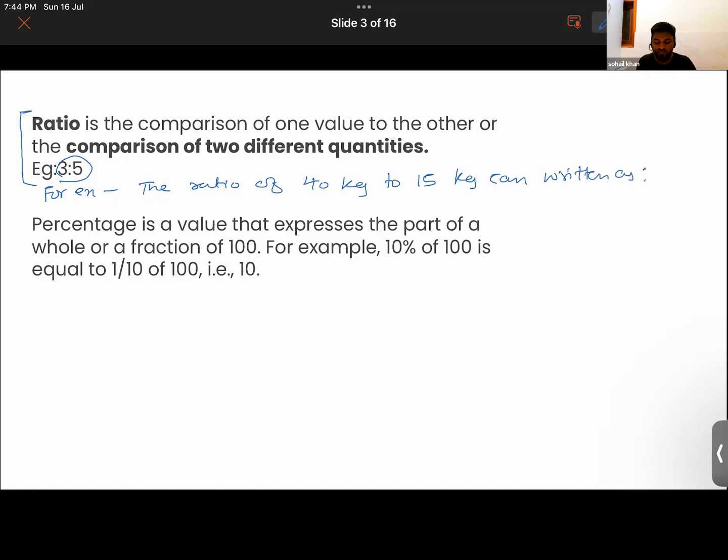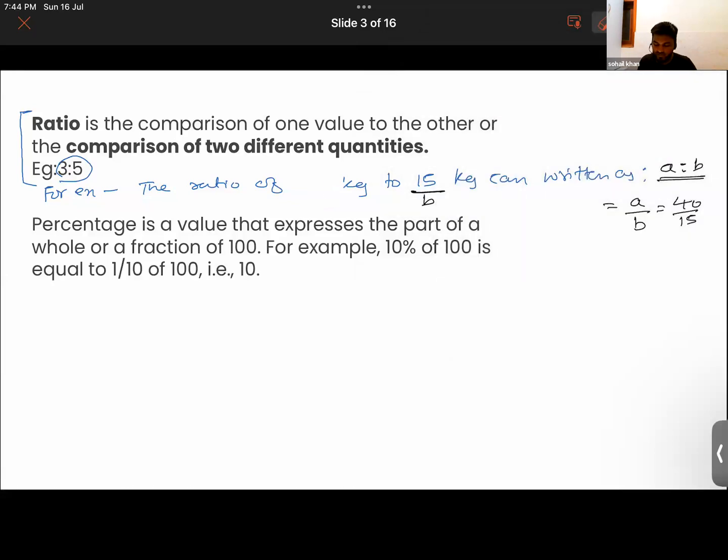I'm writing the question here. Consider 40 and 15 as A and B. Sir, 8:3. Yeah. So how do you find it? You simply find the ratio by dividing them, that is 40 upon 15. So you get 8/3.